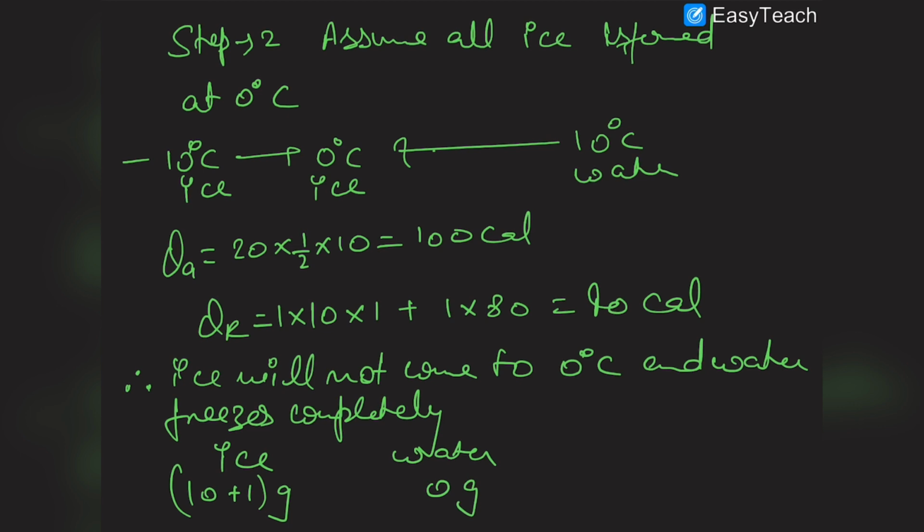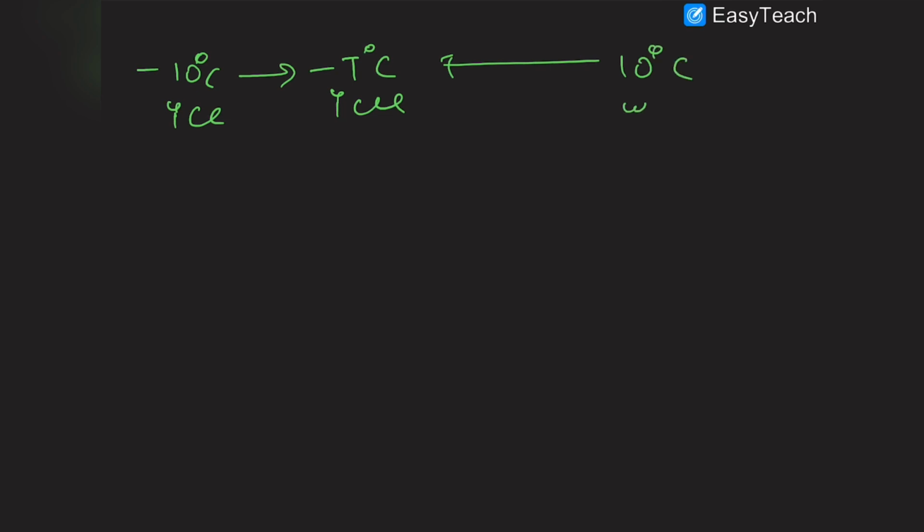And now we know that the final temperature would be, let's suppose, minus T degrees Celsius, because the final temperature would be negative. So let us see that ice has come from minus 10 degrees Celsius to minus T degrees Celsius, and water came from 10 degrees Celsius to minus T degrees Celsius.